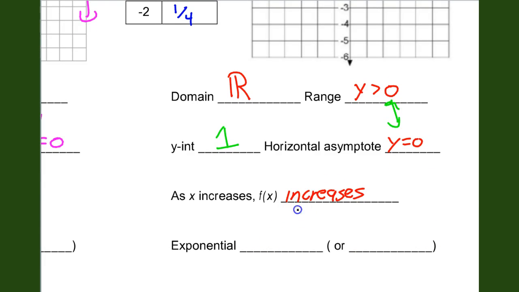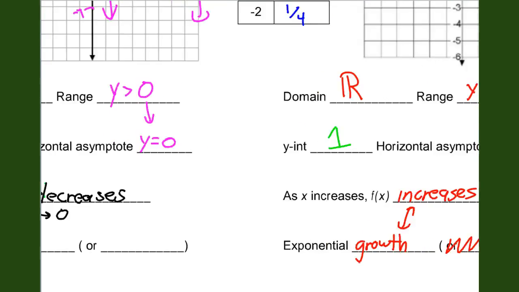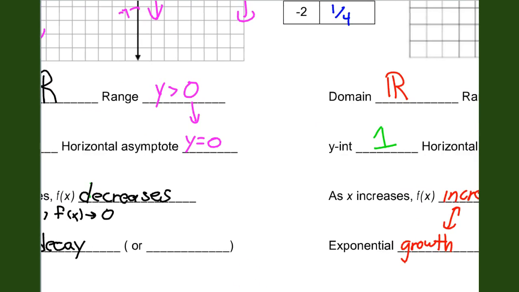When it's increasing, the word we use for that is exponential growth. So if it's decreasing, we say exponential decay. Decrease, decay, and they go together. We're not going to use any other fancy words here. So that will give you everything you need to know.